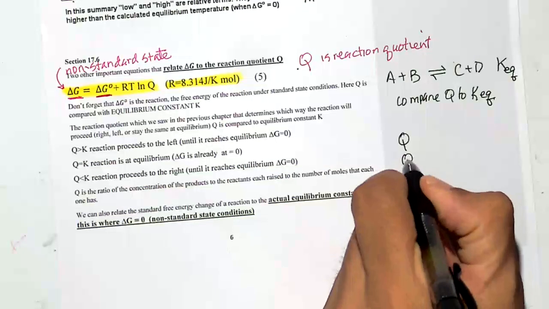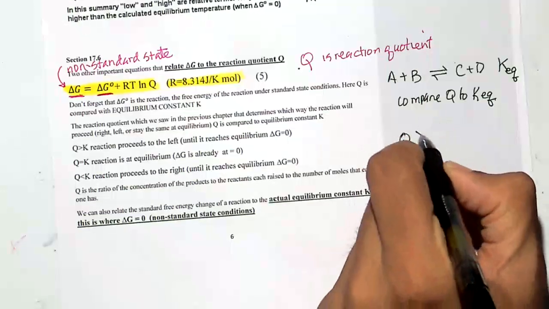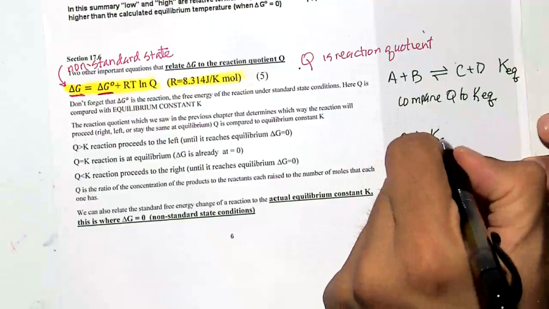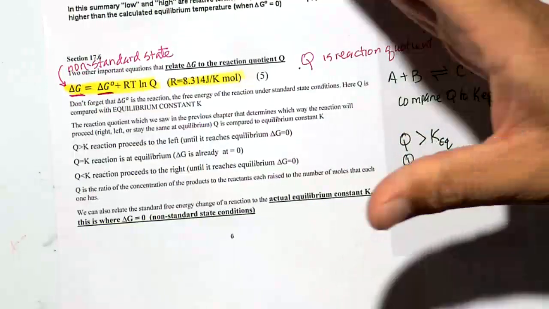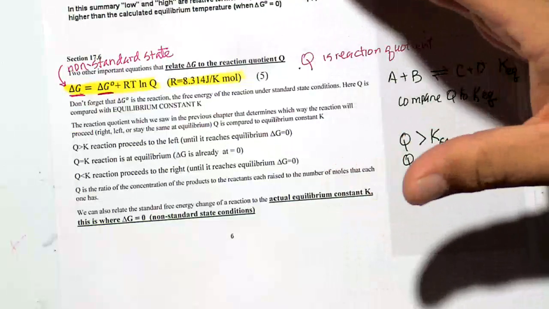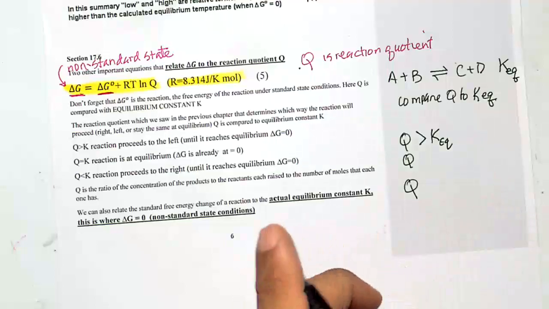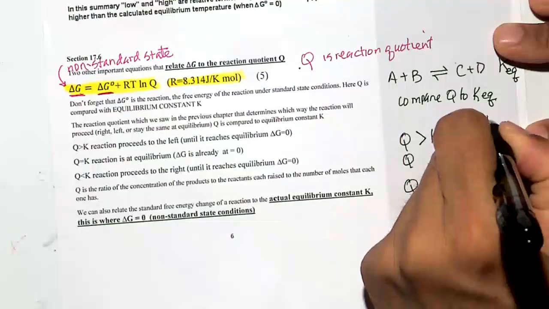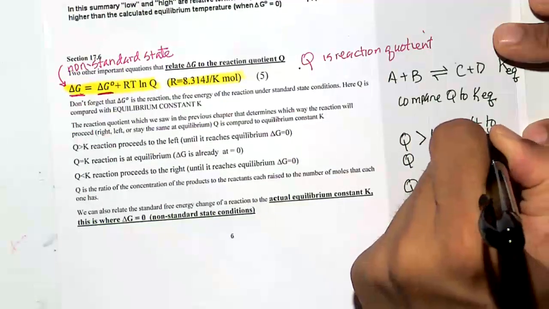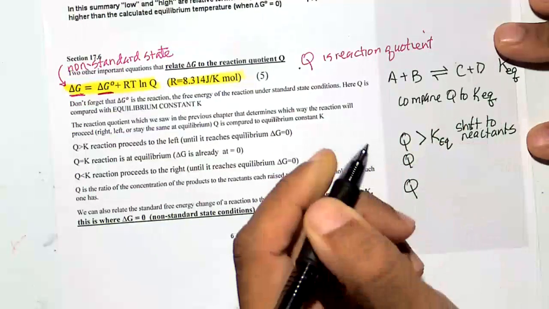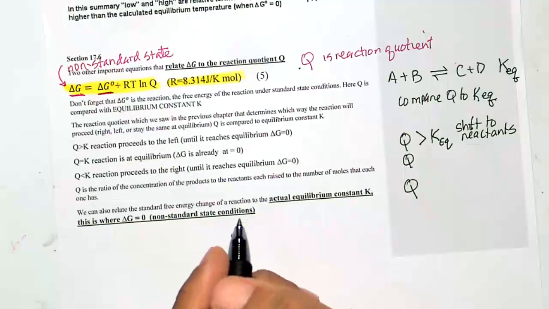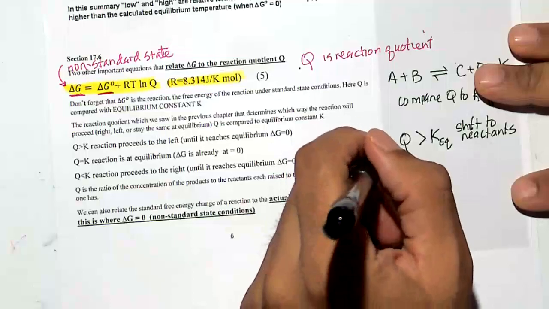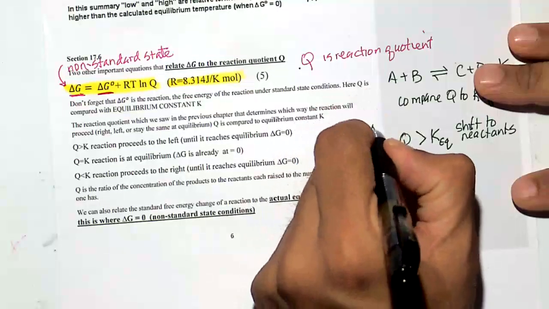All right, let's put Q first. If Q is greater than K, where do the alligator jaws go? The alligator jaws point to the reactant side, so that means the reaction is going to shift to the reactants. If a reaction favors the reactant side, what do you think the delta G would be?